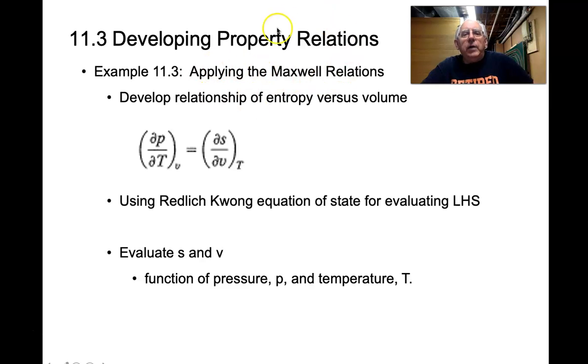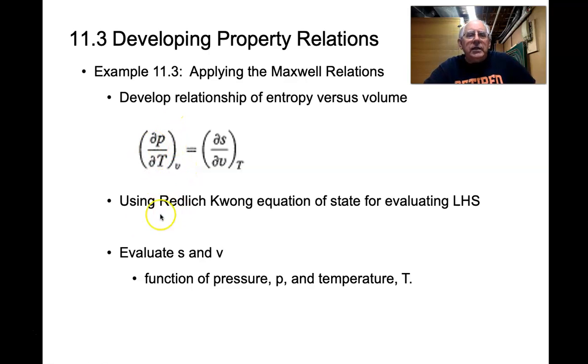But in this example in the textbook, they said that there was this particular relationship between entropy and volume. And so we see entropy and volume at a constant temperature. So this was one of the relationships, and we found that it was equal to or related to how pressure changes with temperature at constant volume.